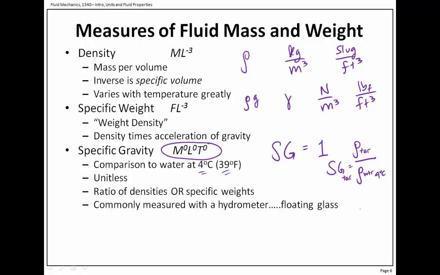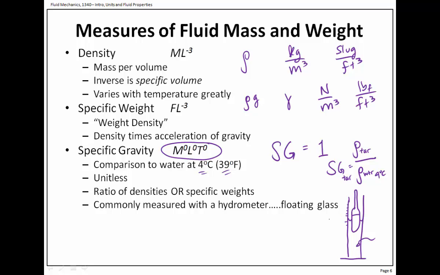And quite often, specific gravity is measured by using some kind of float, like a little glass floaty thing right here. If this is the fluid we're going to measure, it could be, say, salt water, for instance. If you want to know the specific gravity of salt water, you put this little thing in here, and the glass has little demarcations on it.